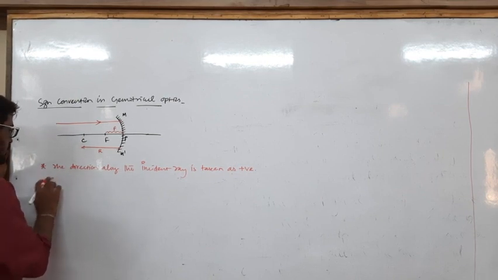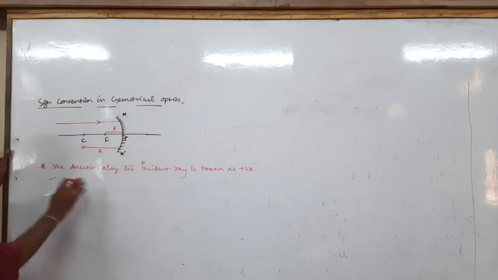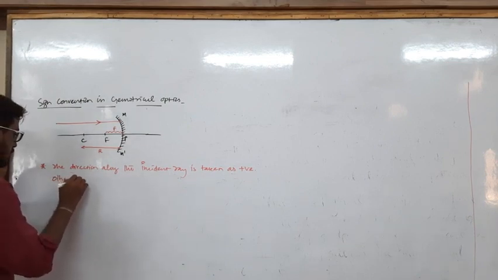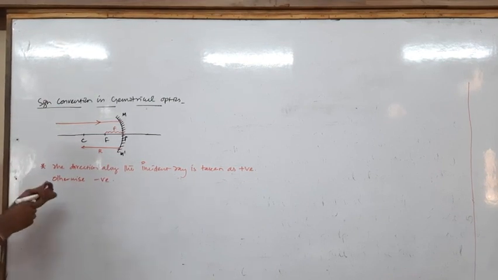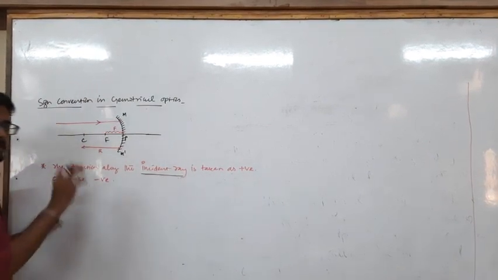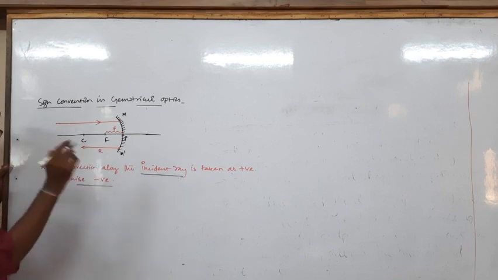Otherwise, negative. If the direction we are considering is along the incident ray, then it will be positive. If the direction is opposite to the direction of the incident ray, then it will be negative.